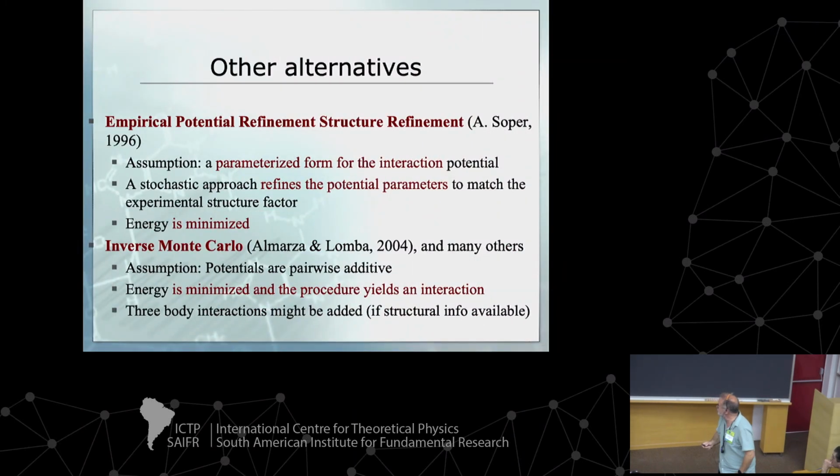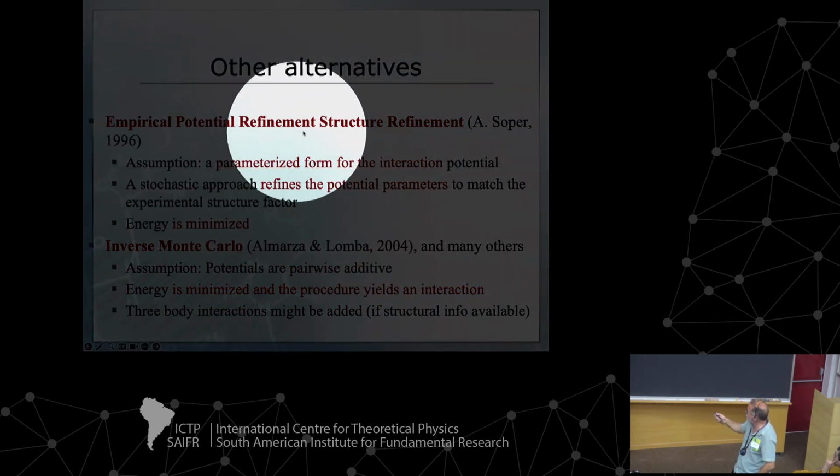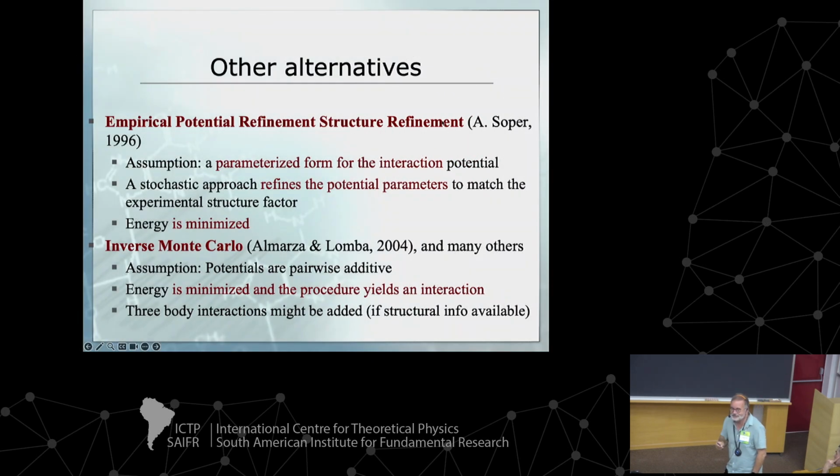Other alternatives. Well, one of the big guys in neutron diffraction, Alan Soper, proposed this empirical potential structure refinement, which is rather similar in a way to the hybrid method that I mentioned before. Basically, you assume a functional form of the potential.